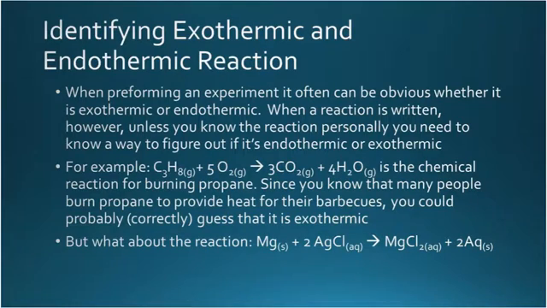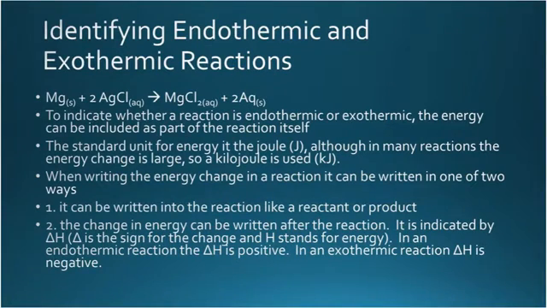Since you know that many people burn propane to provide heat for their barbecues, you could probably correctly guess that it's an exothermic reaction. But what about the reaction of magnesium plus silver chloride gives us magnesium chloride plus silver?